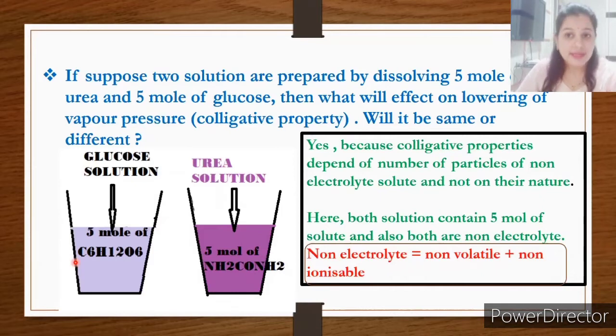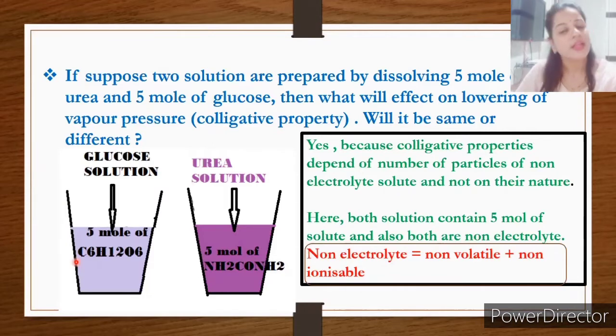But the second condition for a colligative property is that any solute we add should be non-volatile as well as non-ionizable. In simple words, it should be a non-electrolyte.